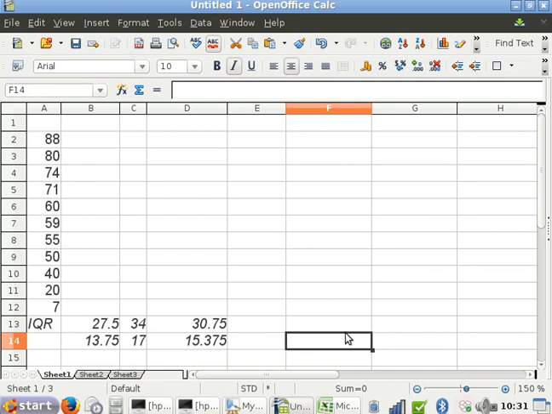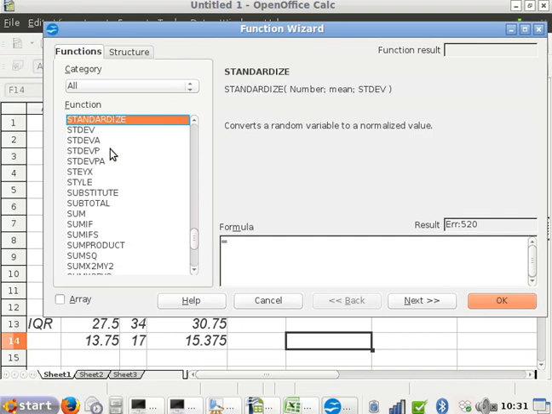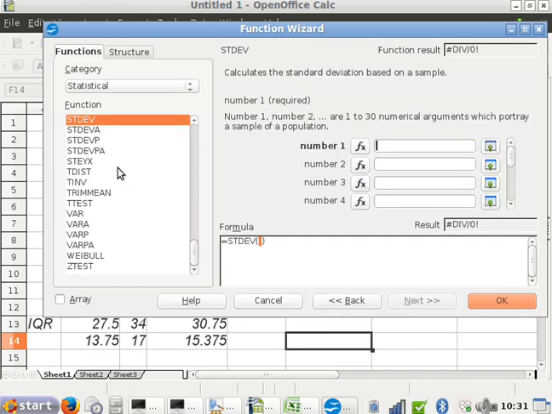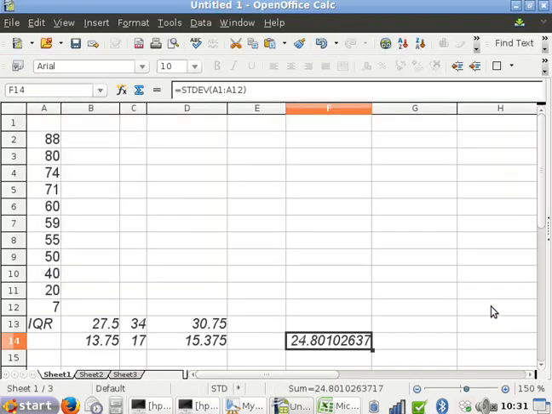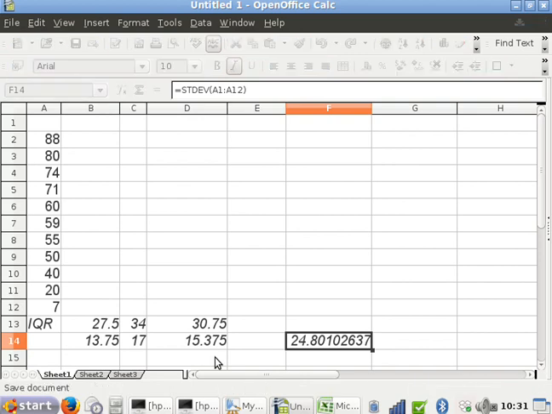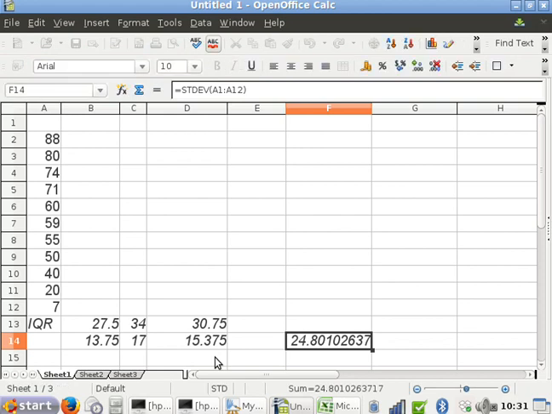Let's see what the true answer is. I think the function is something like standard dev, okay. So I wasn't kidding when I said very rough. 24.8 is what I got here, but my answers are 13, 17 and 15. So there is still a big difference. But like I said, it's very rough. It's just to give you a rough idea.